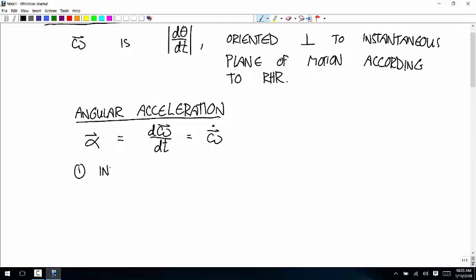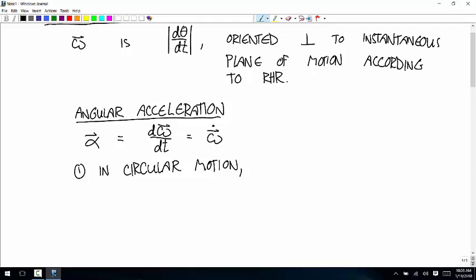In circular motion, the direction of the angular velocity, so if something's moving in a plane, the angular velocity has to be perpendicular to that plane, so it's out of the page or into the page. And that direction is never changing, right? I mean, it can go from positive to negative, but it's always perpendicular to the plane.